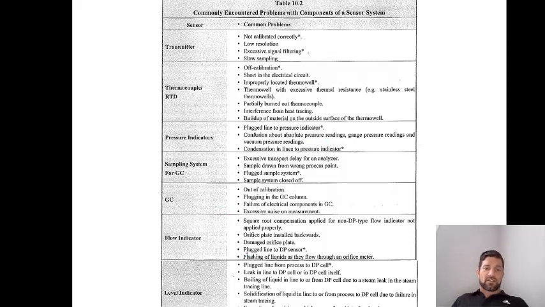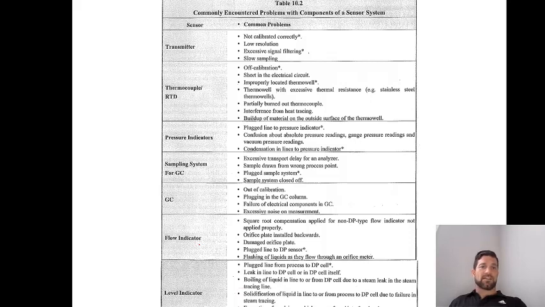Let's see, flow indicators, a variety of problems. You can have plugged lines, you can have damage to the orifice plate, something installed incorrectly, and then level indicators, again, plugged lines, something on the level indicator itself is actually broken, or in all of these cases, your sensor itself might just fail, so it might not be able to work as properly as it should, no matter what you do.